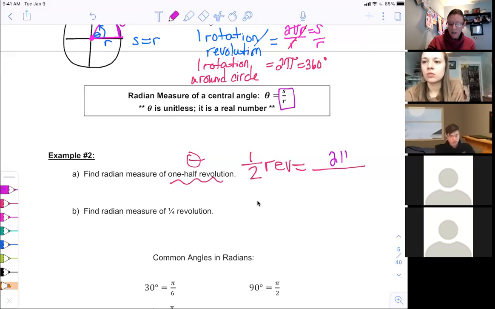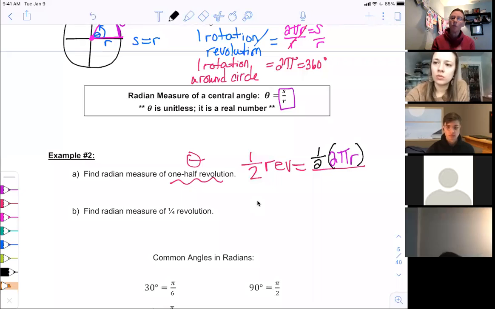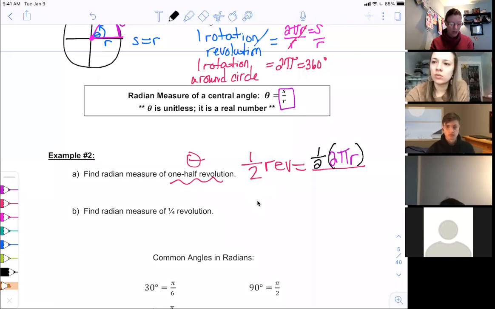All the way around the circle is 2 pi R. But I'm only going halfway around the circle. So I have to take half of the distance 2 pi R. So if I was going all the way around, it's 360. Half is 180. So we're doing the same thing here.